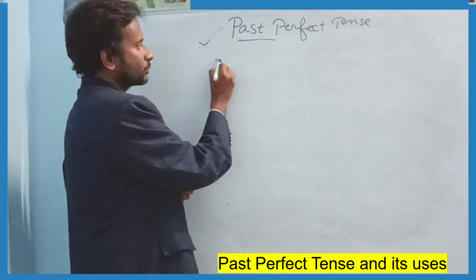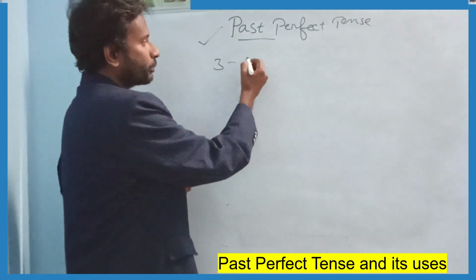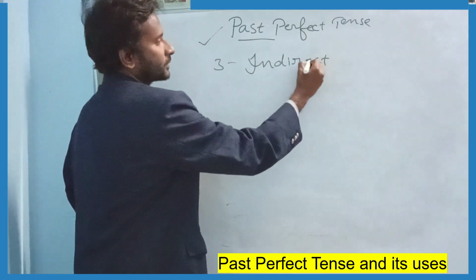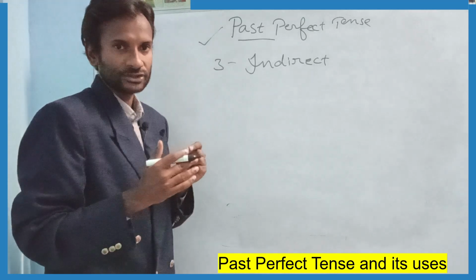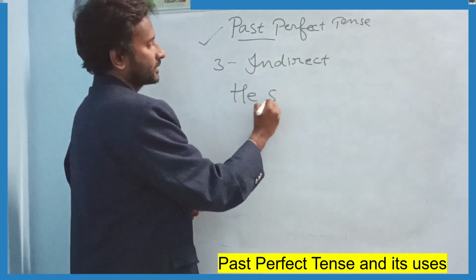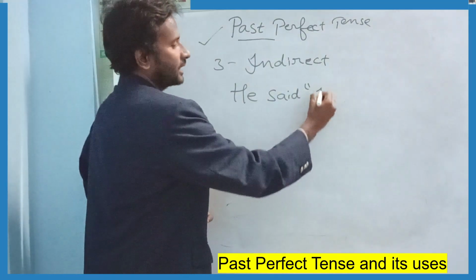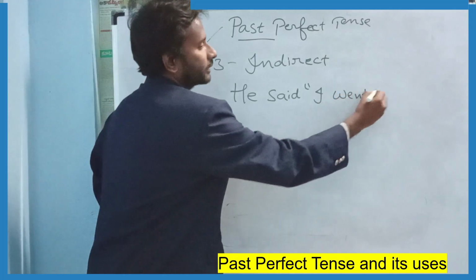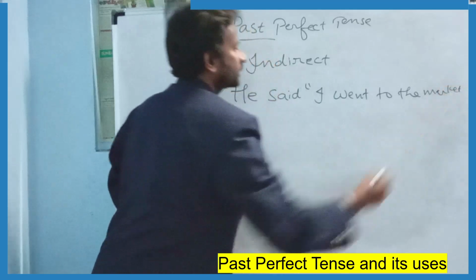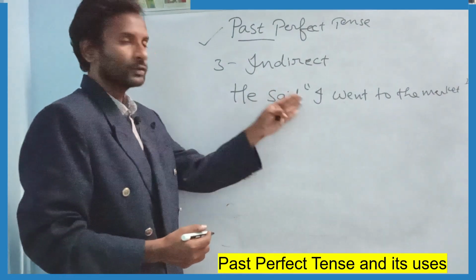And now the third use. How to use this? Very important in reported speech or indirect speech. When we change simple past tense to indirect speech: he said, I went to the market. This is simple past tense.